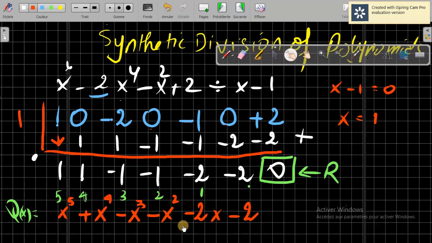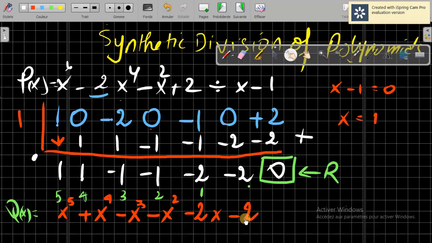This is the quotient of dividing the polynomial function P(x) by x - 1. So the quotient of dividing P(x) by x - 1 is equal to Q(x), all of this polynomial, a new polynomial function.